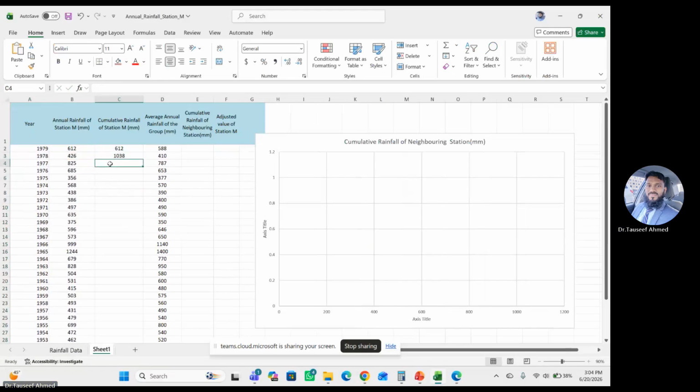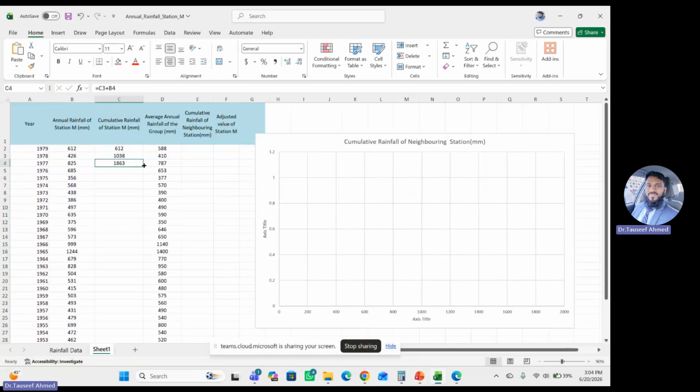Then 1038 plus 825, I will get the cumulative rainfall of 1977. So now you can see I got this one.